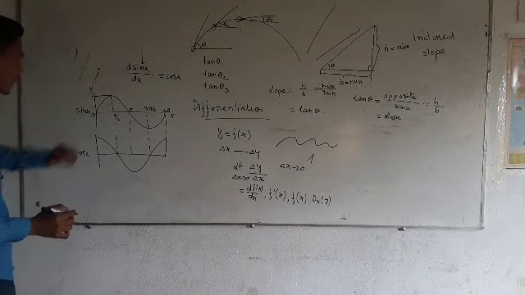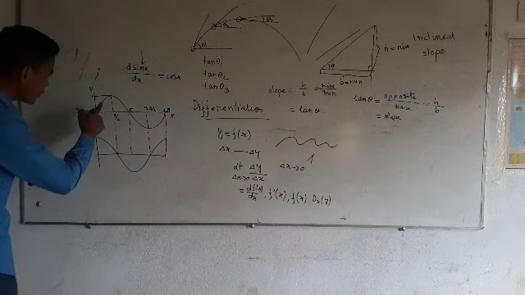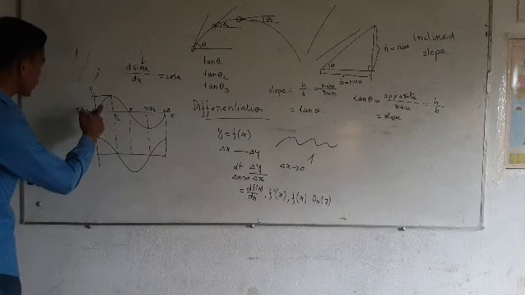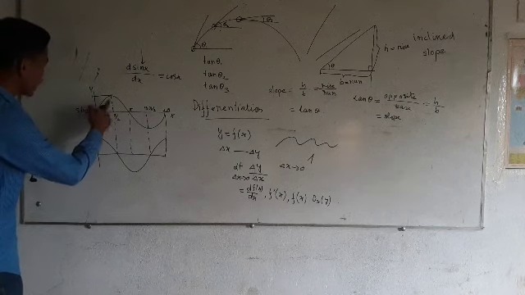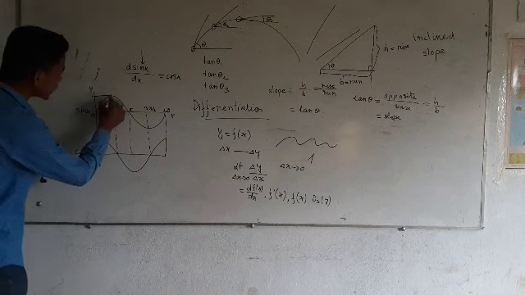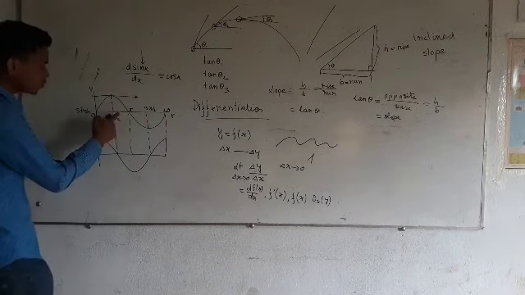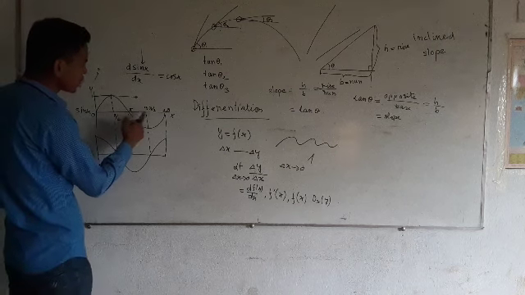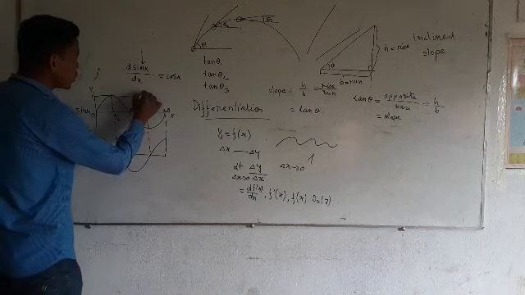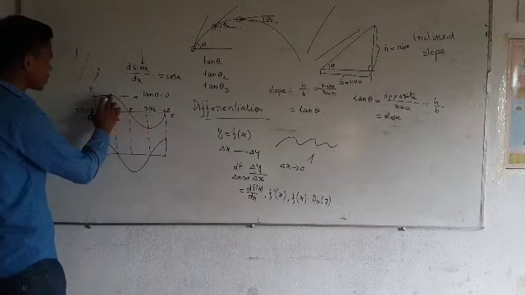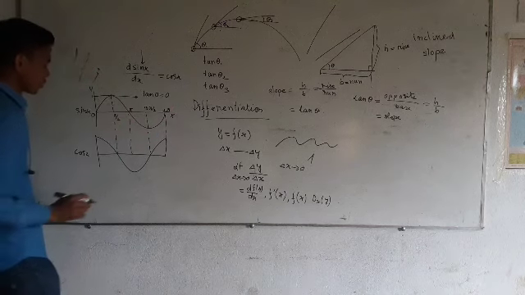Now, let's verify. If I have to find the value of the slope at the highest point, I just need to draw a tangent here, like this. This tangent makes an angle of 0 degrees with the positive direction of the x-axis. Therefore, as tan 0 is equal to 0, the slope of this curve at its highest point is 0.